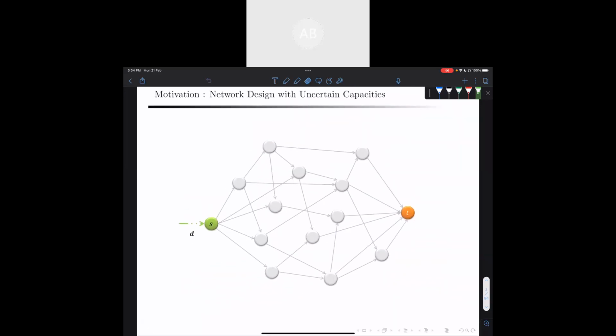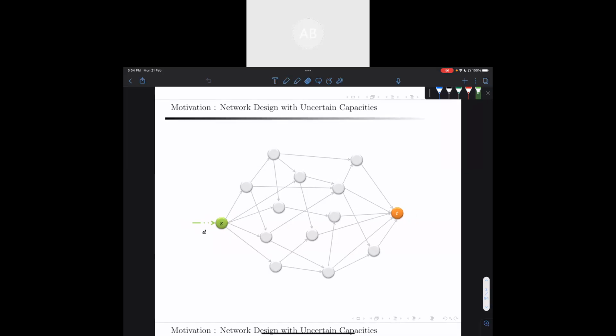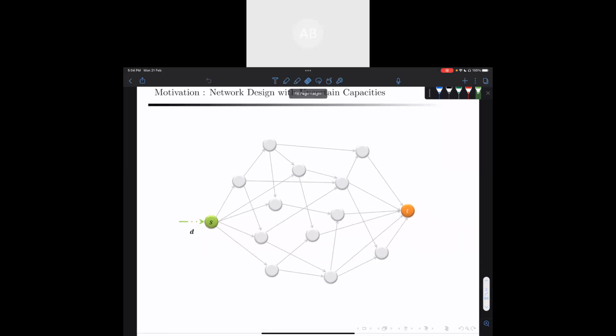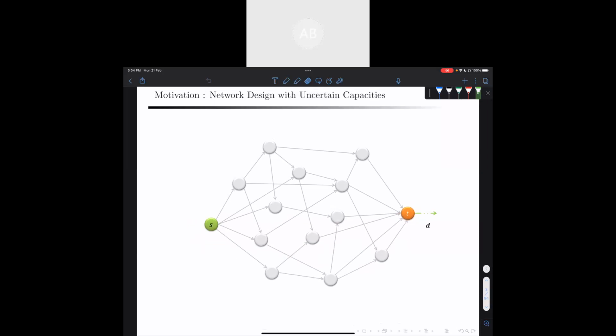As I said, the motivation with which I want to introduce this topic is specifically the application of network design with uncertain capacities.